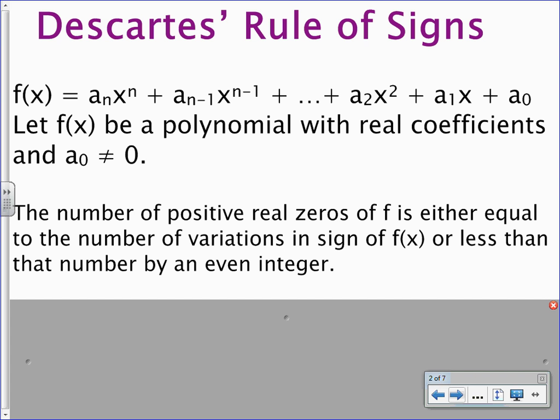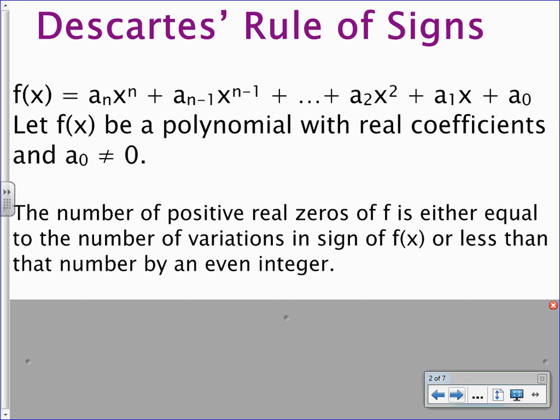Okay, why an even integer less? Okay, let's talk about complex zeros. What's true about imaginary zeros? They come in pairs, okay? So we have to account for that. So if we have 3 sign changes in our polynomial, that means we could have 3 positive real zeros or 1 positive real zero, because there could be that possibility of 2 imaginary zeros.